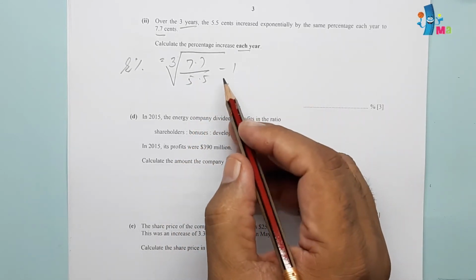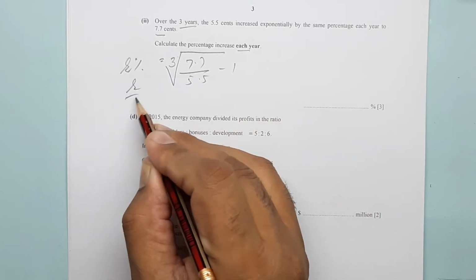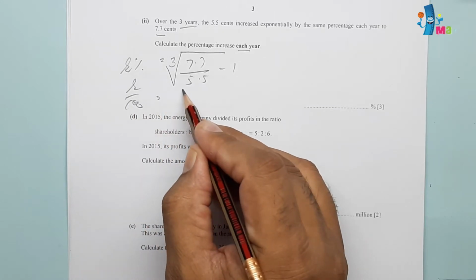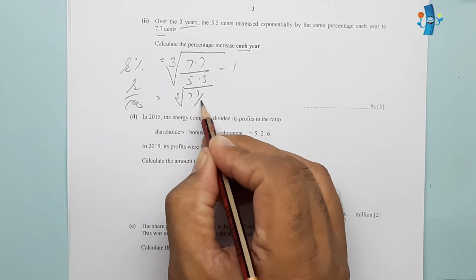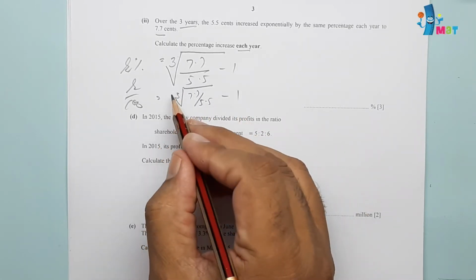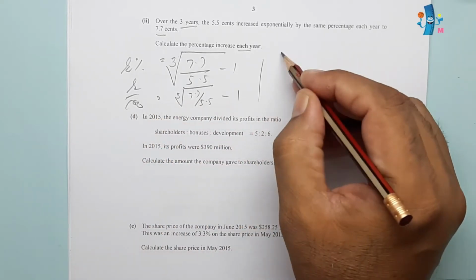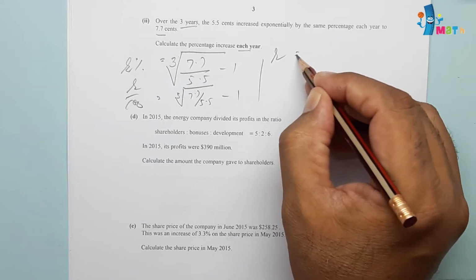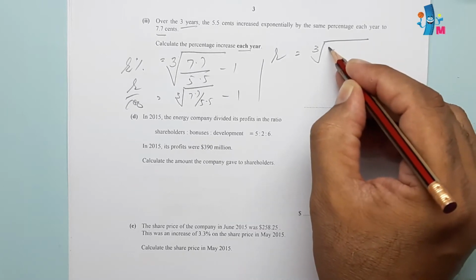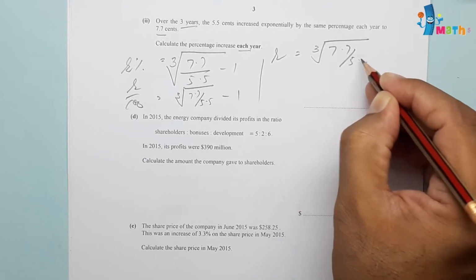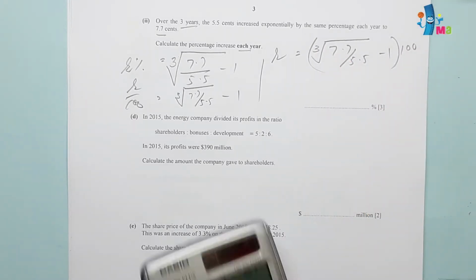We can write it as r over 100 equal to the cube root of 7.7 over 5.5 minus 1, and this 100 we can shift to this side. So our final equation will be r is equal to the cube root of 7.7 over 5.5 minus 1, into 100, and we can calculate this.